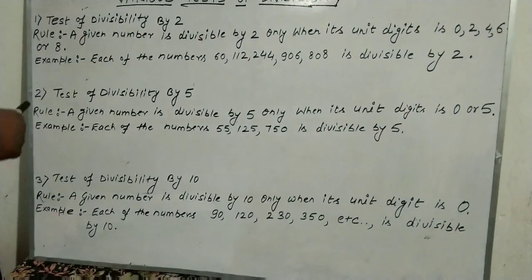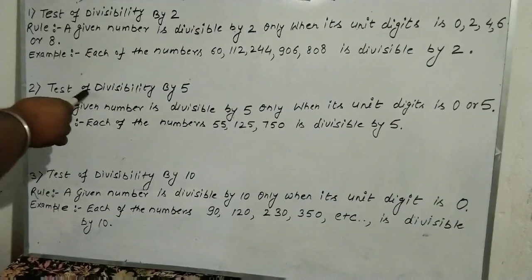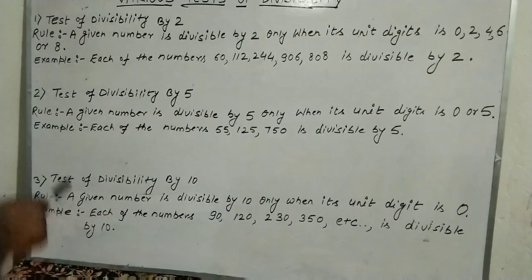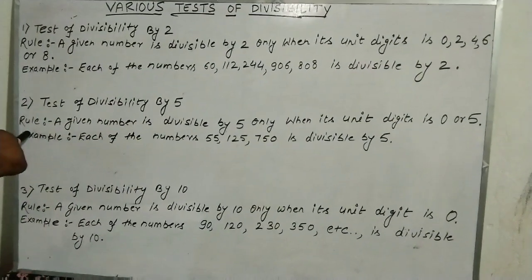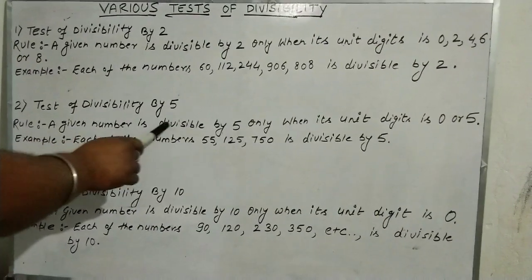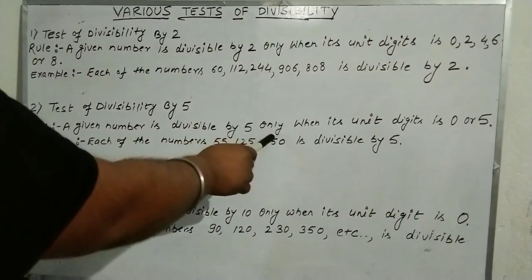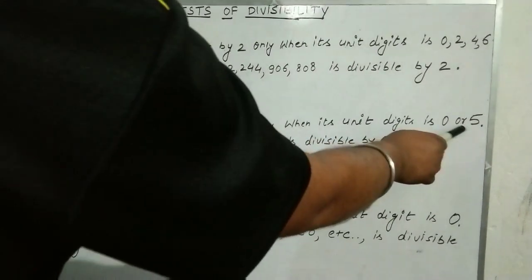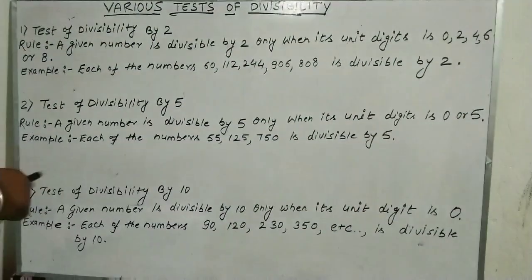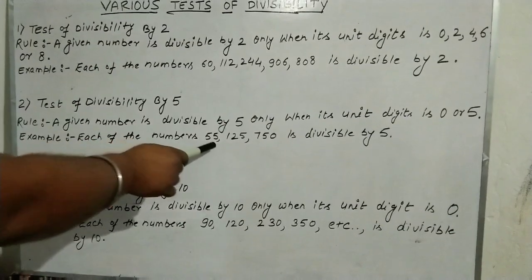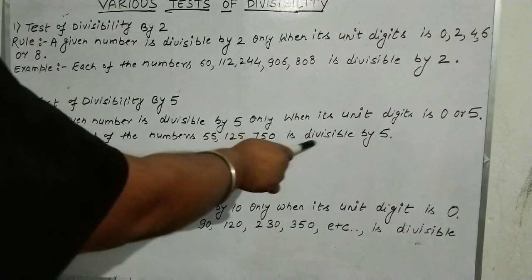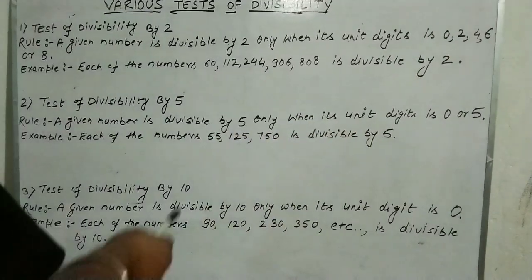Next, second is the test of divisibility by 5. The rule for this: a given number is divisible by 5 only when its unit digit is 0 or 5. Example: each of the numbers 55, 125, 750 is divisible by 5.